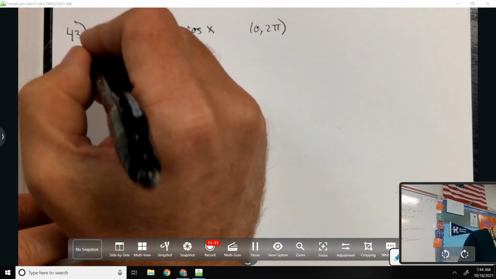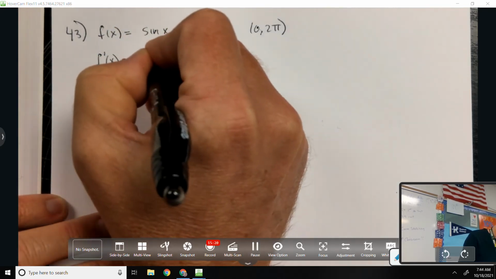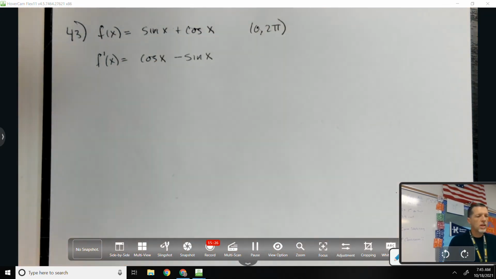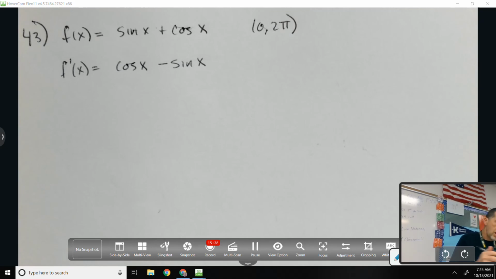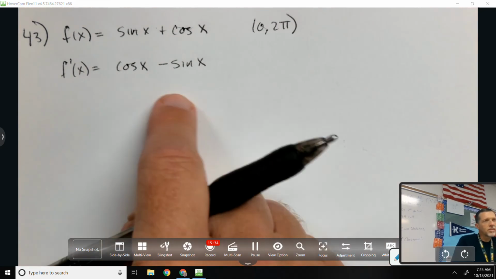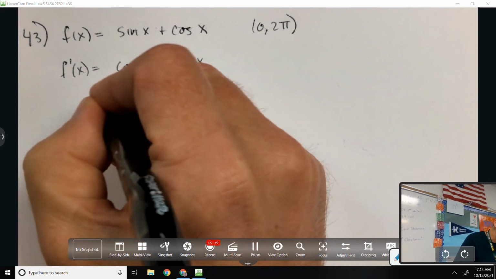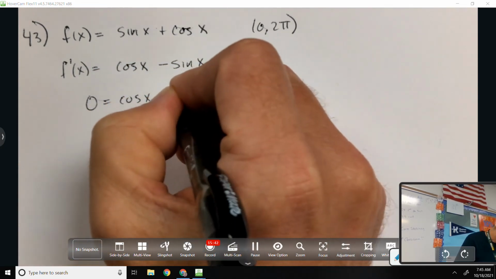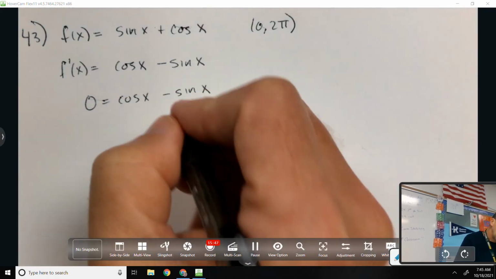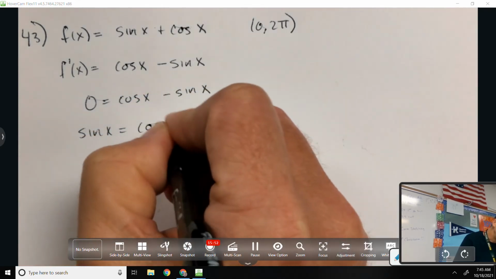So first job is critical numbers. So f prime would be cosine of x minus sine of x. And we want to know where that's 0 or undefined. Well, it's not undefined anywhere because cosine and sine are smooth, continuous, they're good. But equals 0. This one's a little bit tricky. I think I want to move the sine x over and think of it this way.